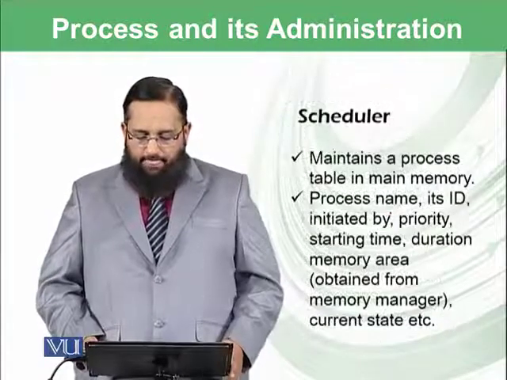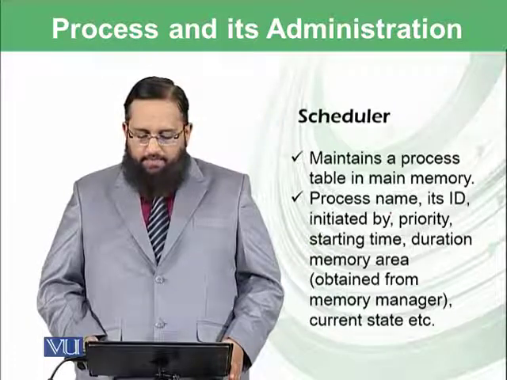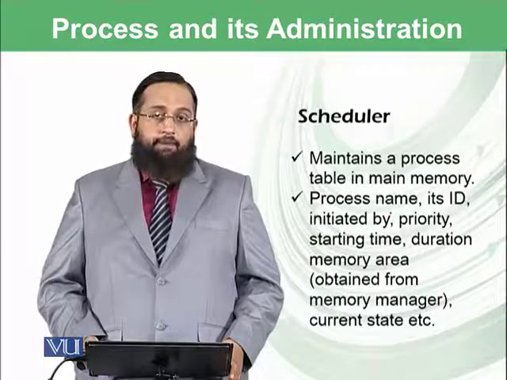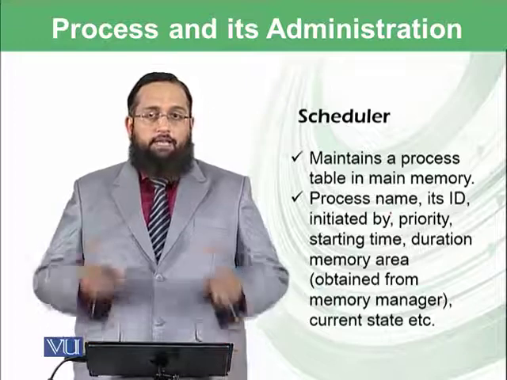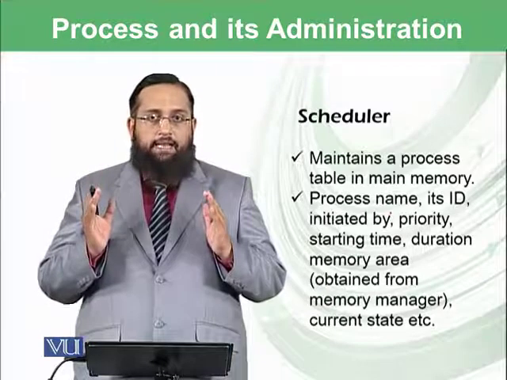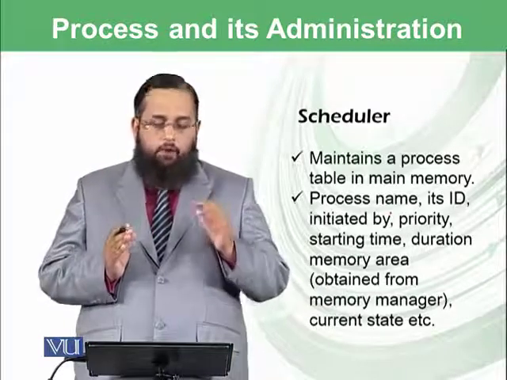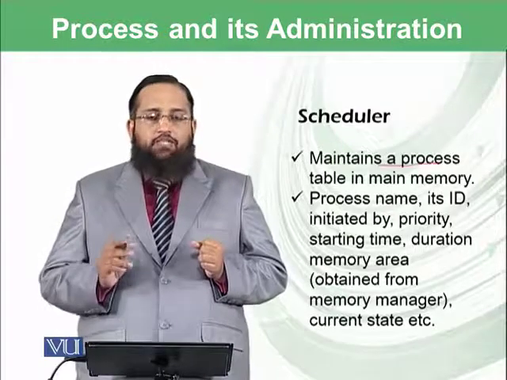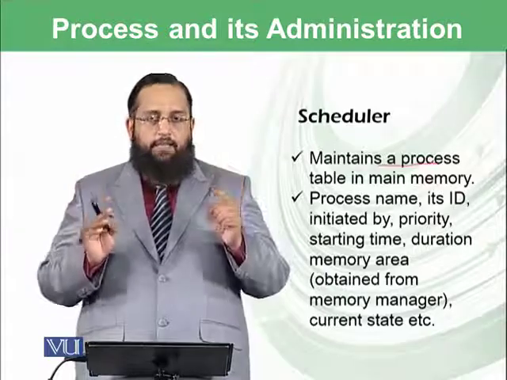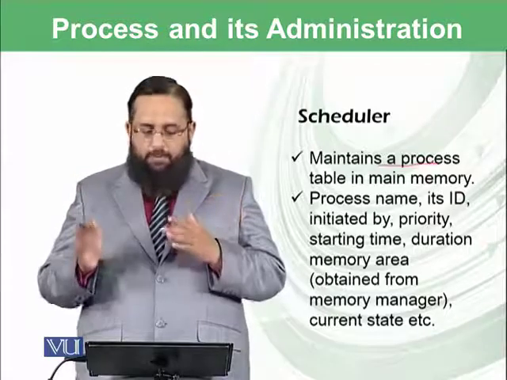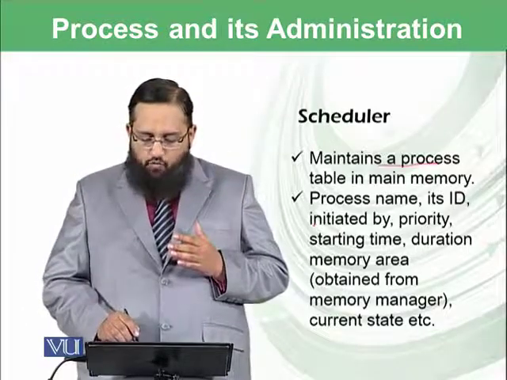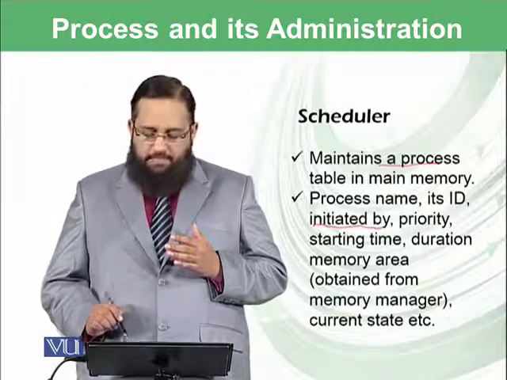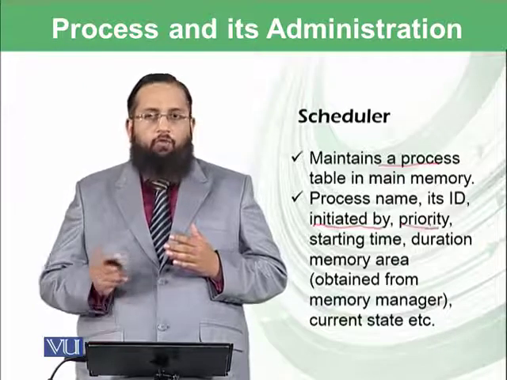Then this scheduler maintains a process table in the main memory. There is a dedicated space in the main memory where the scheduler maintains the process table, and it stores the name of the process, the ID of the process, who has initiated this process, and the priority of the process.